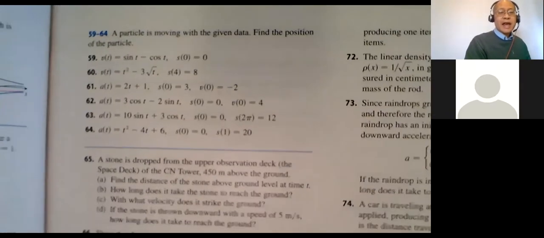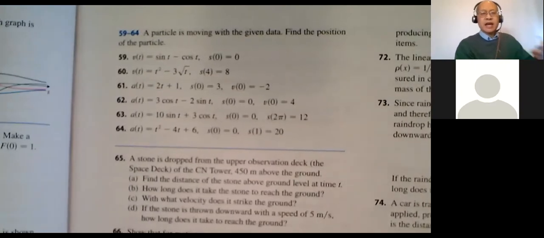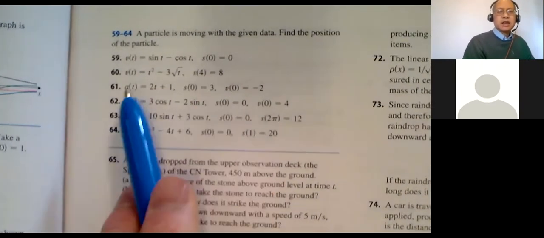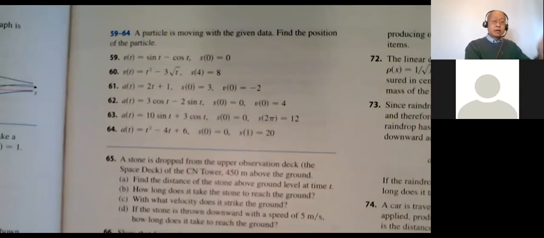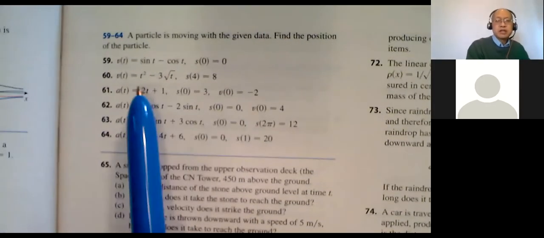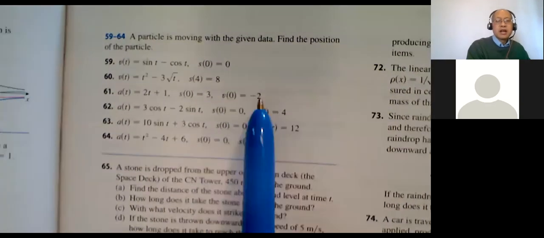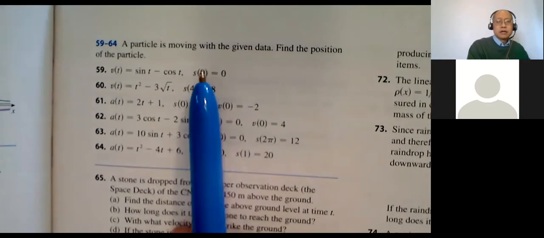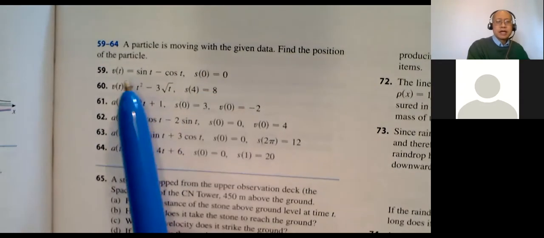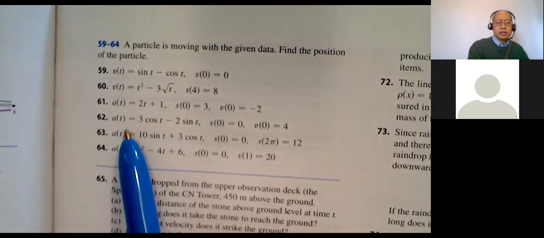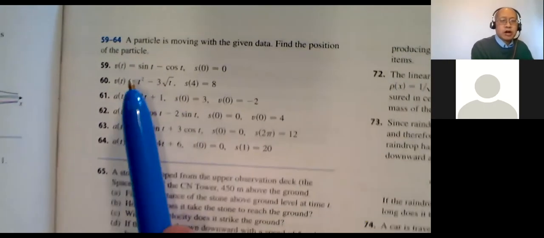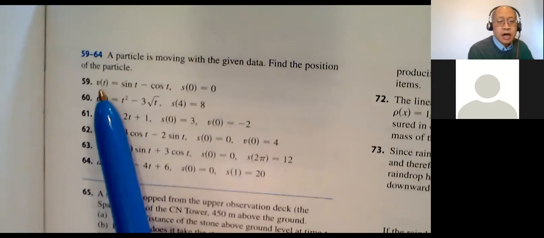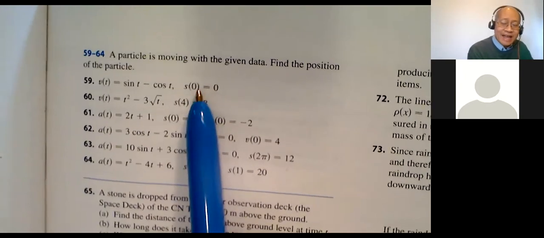All right, I see S, V, and A: distance, velocity, acceleration. So we've already seen this before, right? If you have a distance function S, the first derivative is velocity, the second derivative is acceleration. But look over here. If you start off with velocity, how do you get back up to distance?